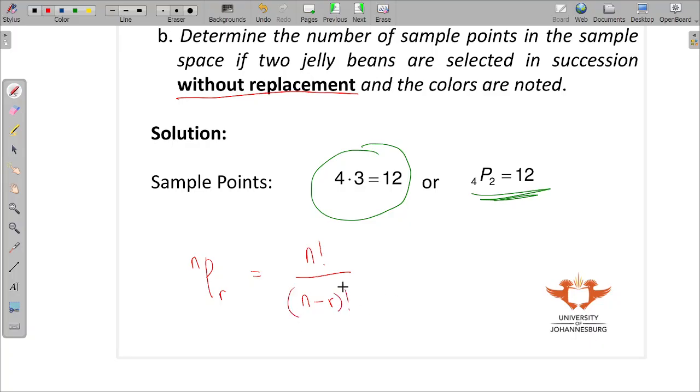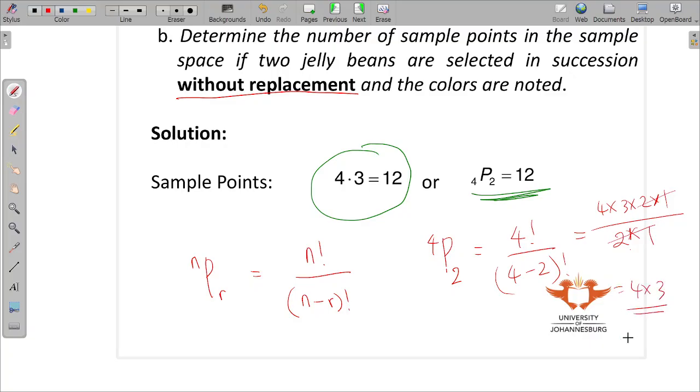So for 4 permutation 2, I mean 4 factorial over 4 minus 2 factorial. 4 factorial is 4 times 3 times 2 times 1, all over 2 factorial, which is 2 times 1. These cancel, and we have 4 multiplied by 3, which is 12.